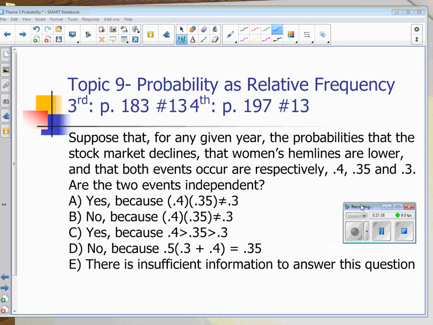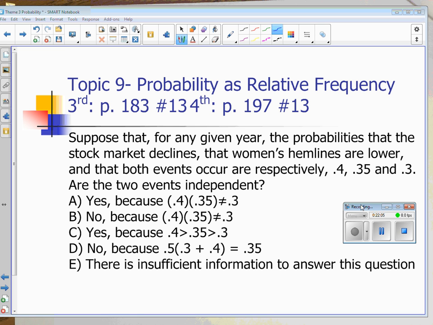All right. I see another keyword in this problem. What do you see? Independent. But it's asking you if they are independent. So there are several different things we can do to answer that question. Are they independent, yes or no? Well, look at some of the answers.